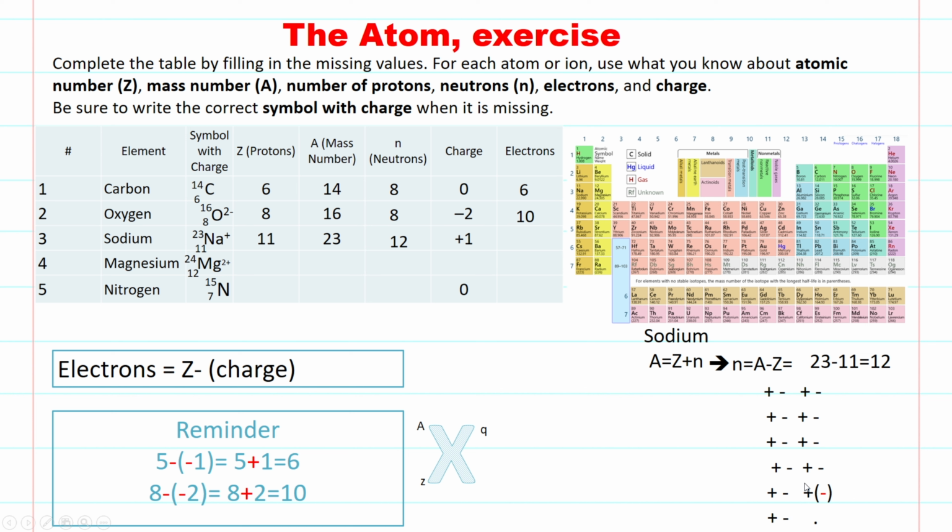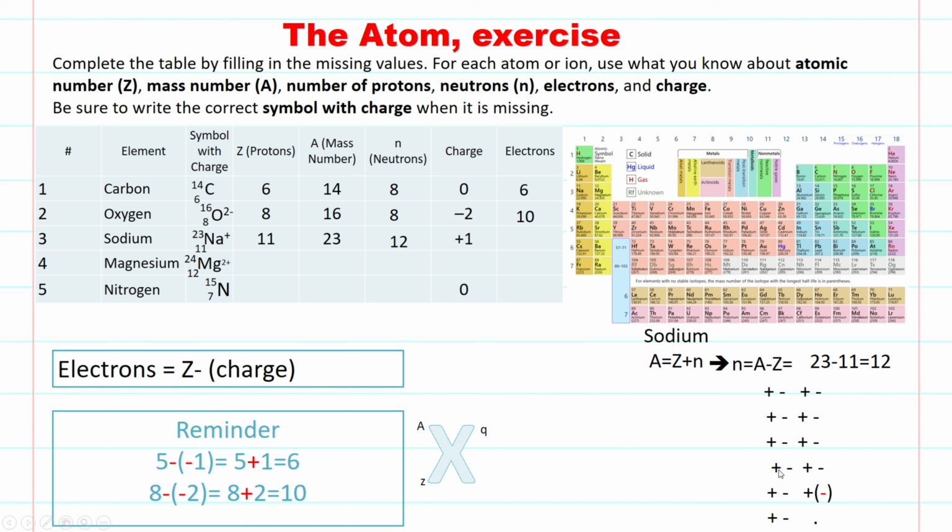If the atom is neutral, we get 11 protons and 11 electrons. Our element lost 1 electron. The 10 electrons and protons cancel each other out, and we have 1 plus extra. So that's why the symbol is Na1+.